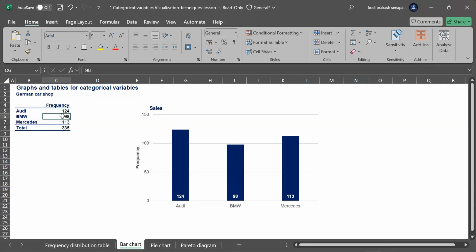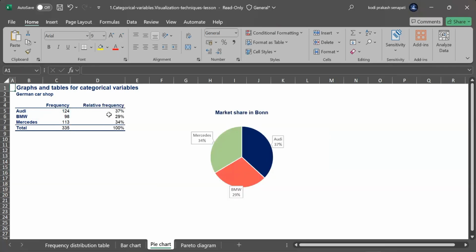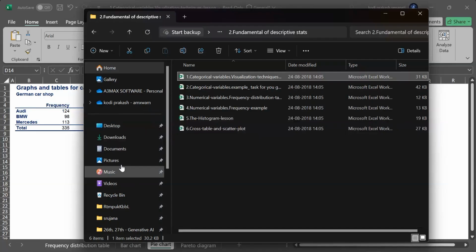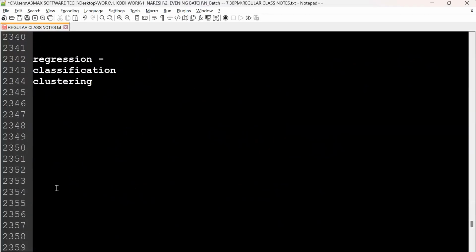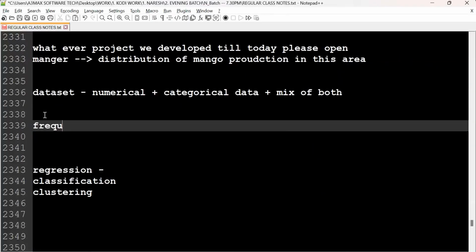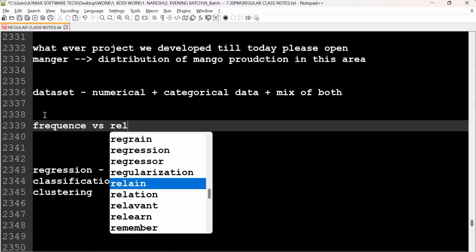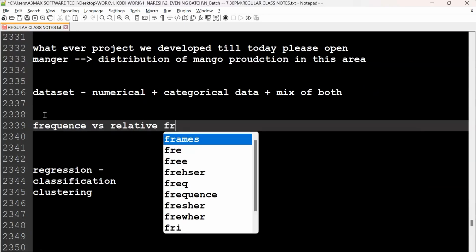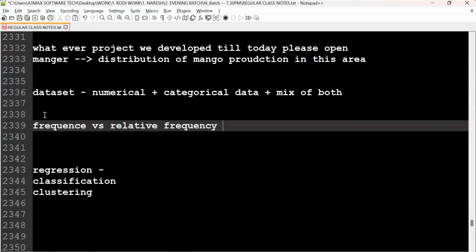Now, frequency of a product. Let's do the next concept: how to compute relative frequency. Let's introduce frequency versus relative frequency.